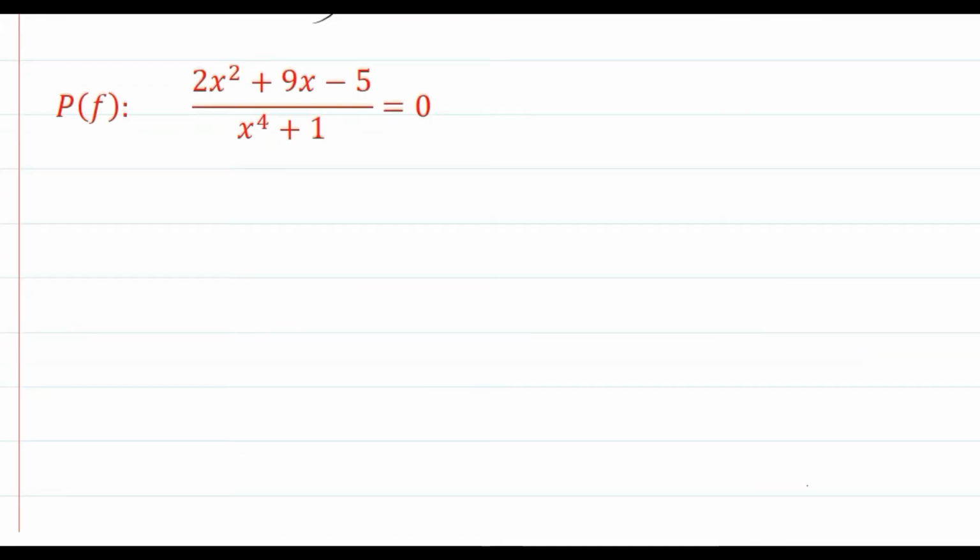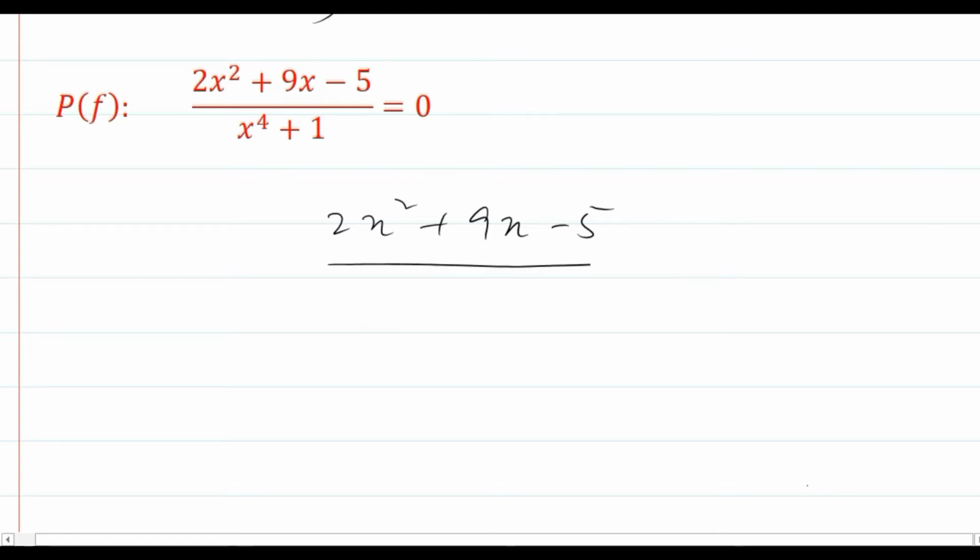Now we will solve this question in the same fashion as we did it in our previous part. We'll rewrite it: (2x square plus 9x minus 5) over (x power 4 plus 1) equal to 0.